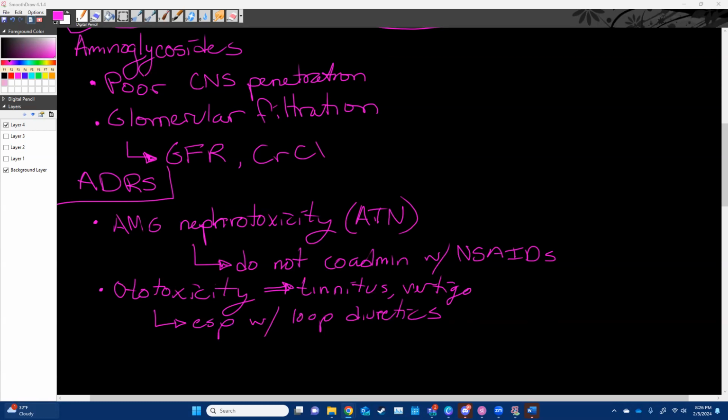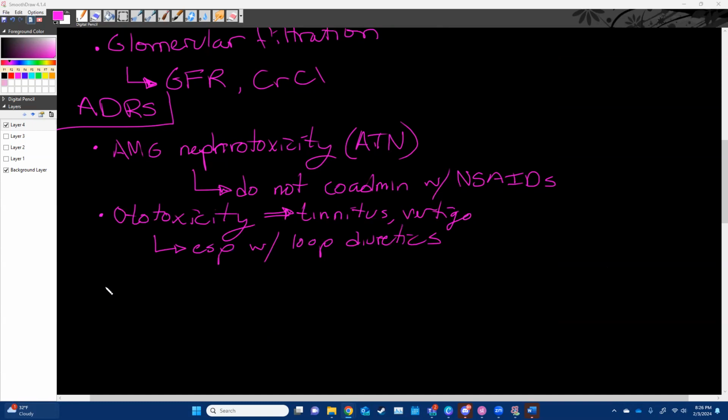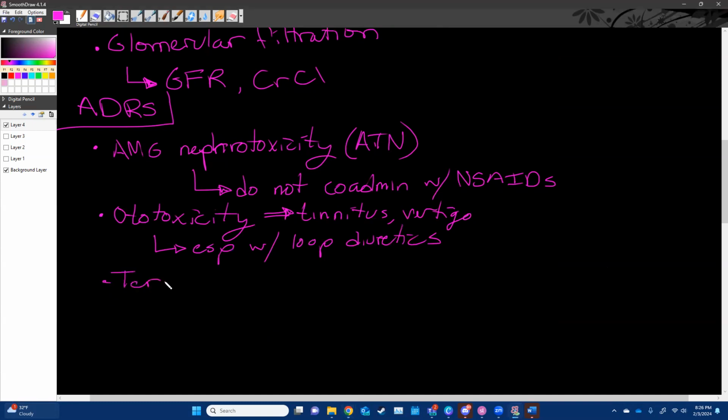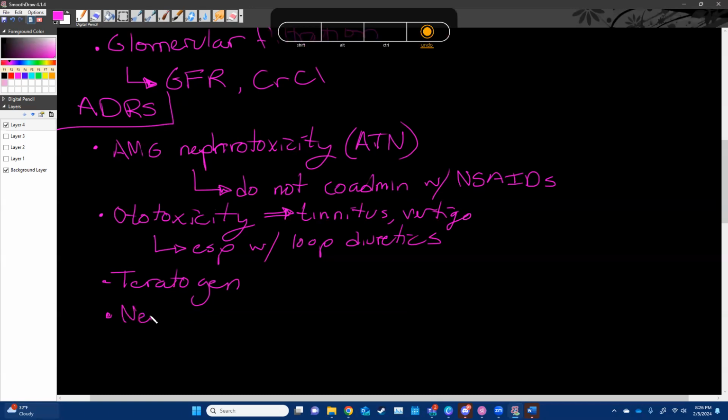Loop diuretics are ototoxic as well. All right. Other important things. Aminoglycosides are teratogens. They are not to be used in a pregnant patient. And then they can lead to a neuromuscular blockade.